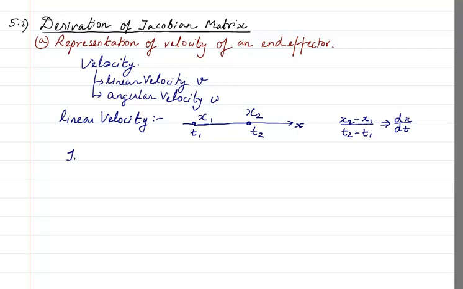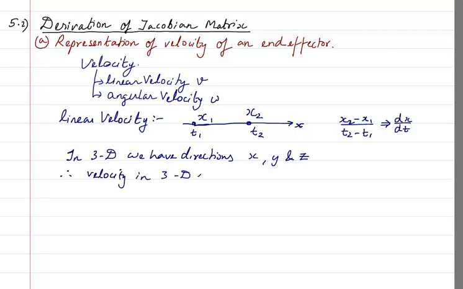In three dimensions, we will have three different directions, which are x, y and z. Therefore, velocity in 3D space is represented by three different velocities in the x, y and z direction.